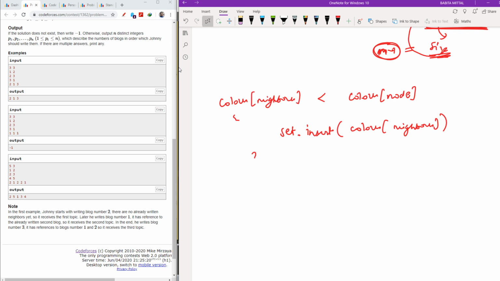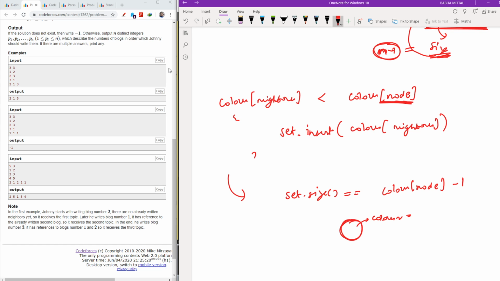Then when I have done it for every neighbor of this node, after the loop I will check if my set.size is equal to the color of the node minus 1. Because if my node has some reference value, which means the color, as suppose 4, it should include 1 as a reference value, 2 as a reference value, 3.